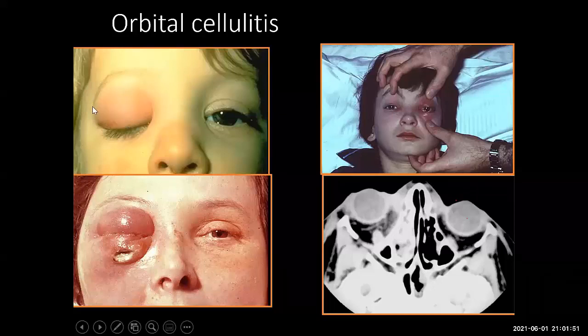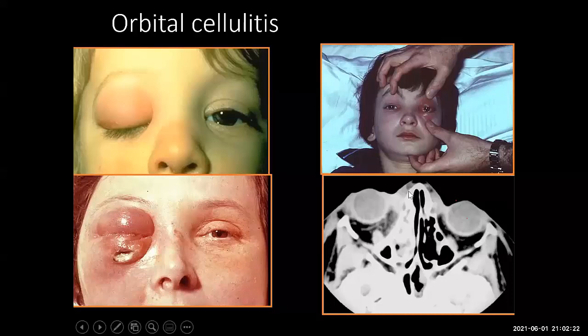There won't be that much chemosis, and the child is not looking that ill. If you look at this picture or the picture here, it's very difficult to force open the eye, and ocular movements would be severely limited. And the child, as you can see, is looking very ill. These two are cases of severe orbital cellulitis.